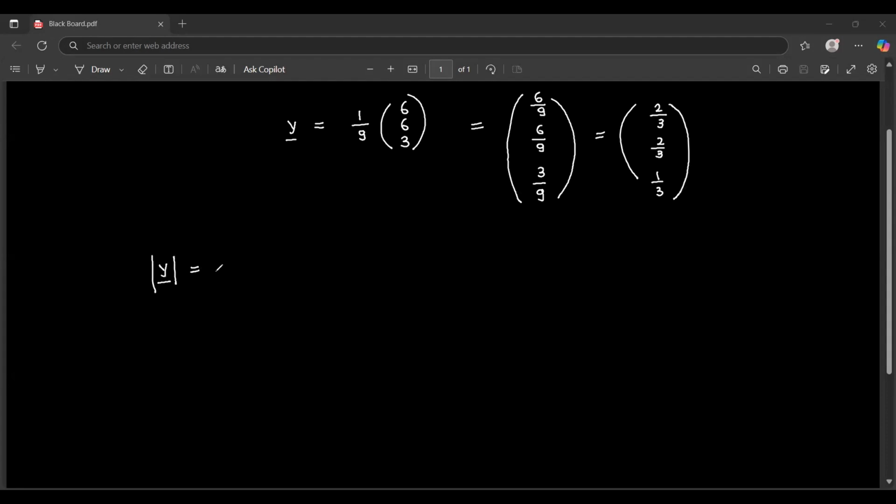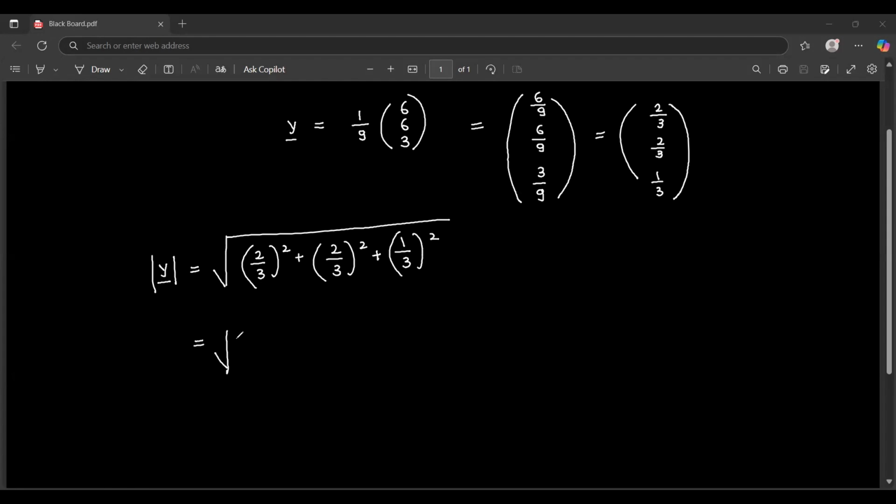It will be equal to (2 over 3) squared plus (2 over 3) squared plus (1 over 3) squared. That gives me 4 over 9 plus 4 over 9 plus 1 over 9, which is 9 over 9, equal to 1 unit. So we have indeed found the correct answer.